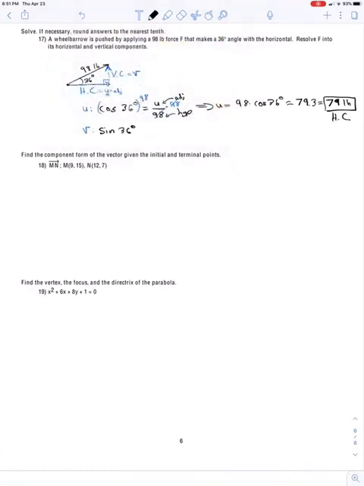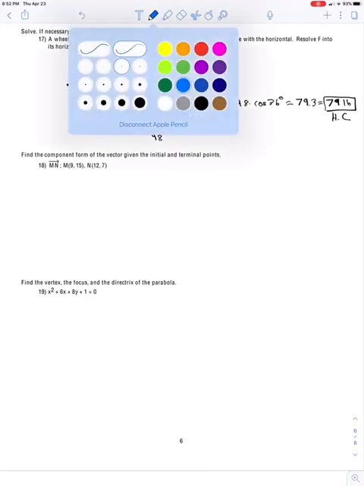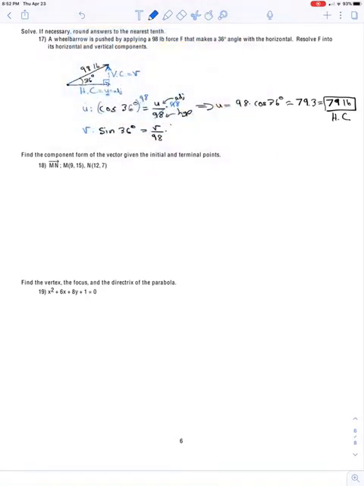So sine of 36 degrees is equal to V, the opposite, over the hypotenuse, which is the force vector of 98. As we solve that, we can multiply both sides by 98. And we can write our definition back up here: opposite over hypotenuse to find sine. So a little review with that.